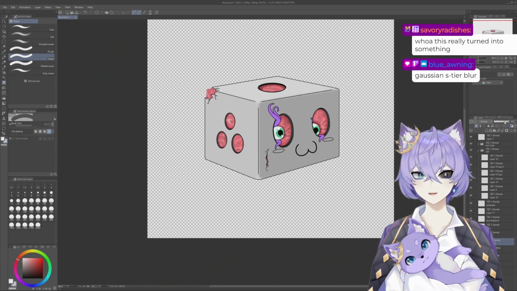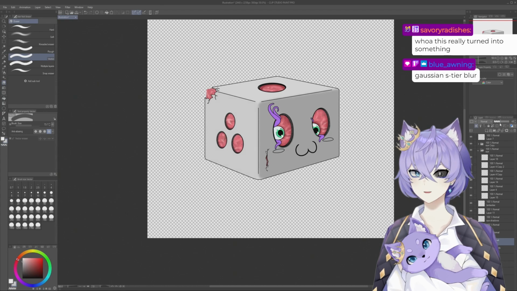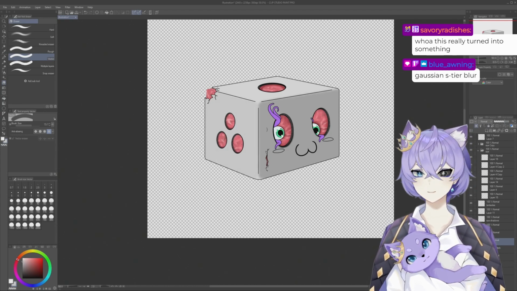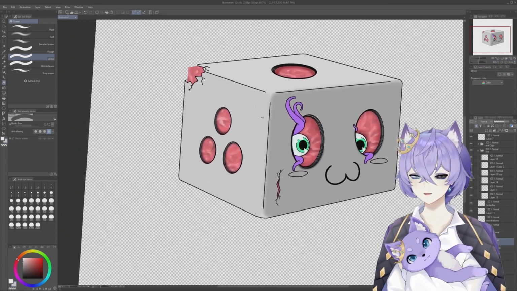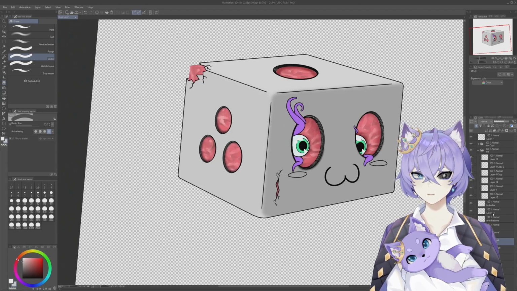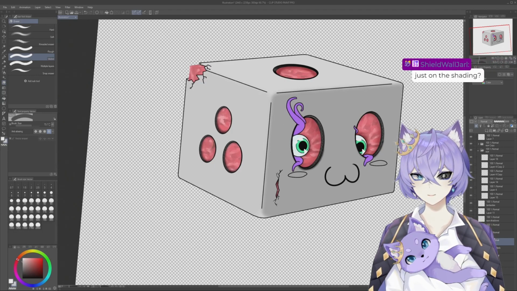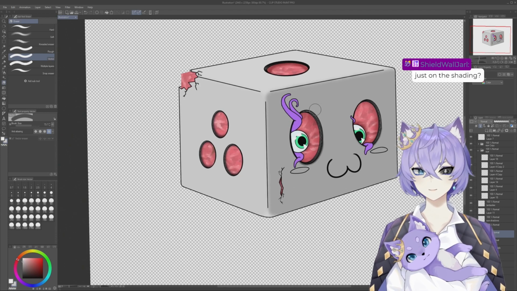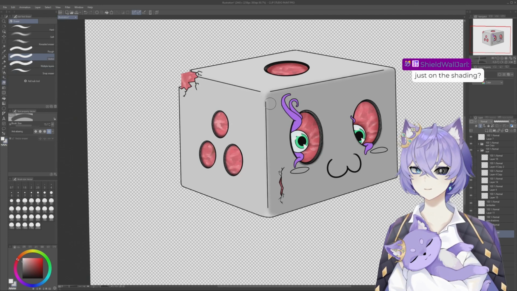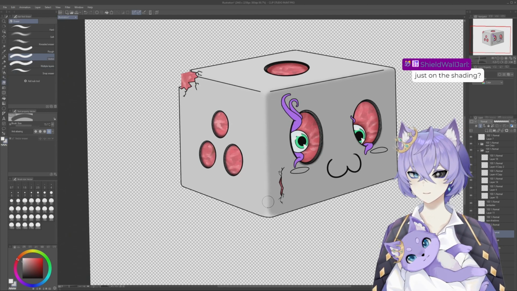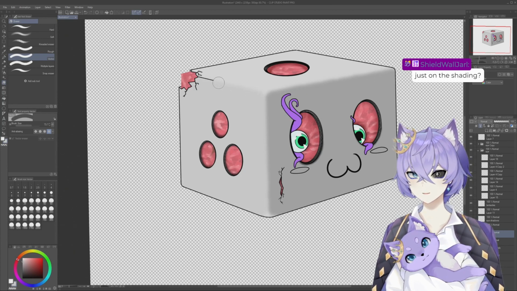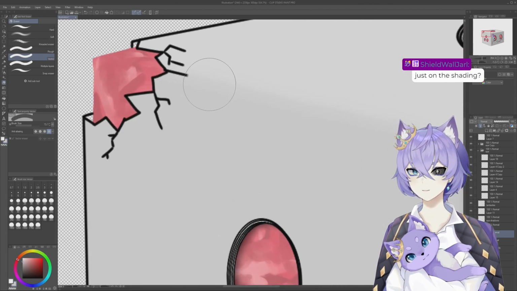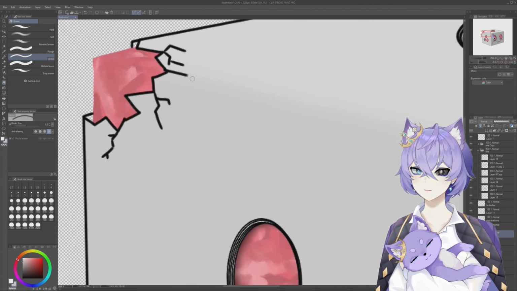I may have messed up on this shading a little bit. And then technically speaking, this is where I would eliminate. Where's my outline? This is where I would get rid of these.